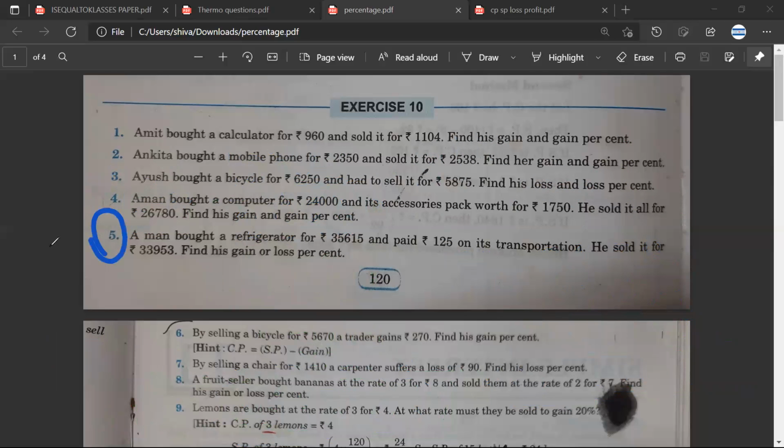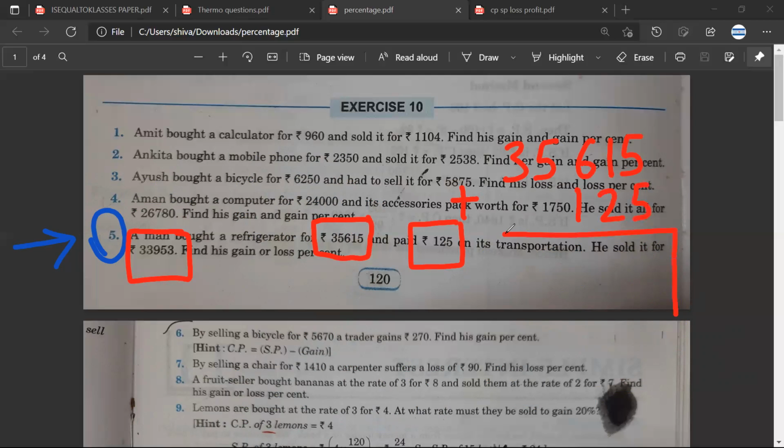Okay. Sarthak, how do I do question number 5? So in question number 5, the loss percentage will be 1787 upon 35,740 into 100.